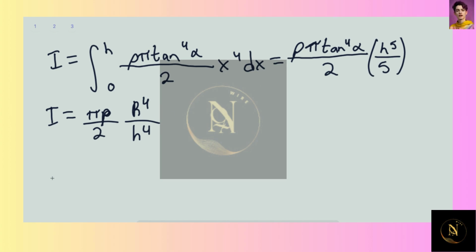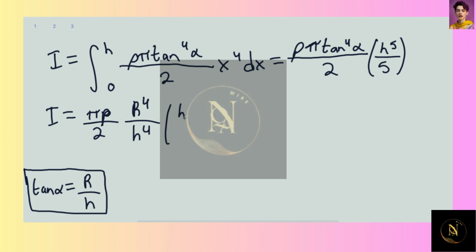And this is given that tan of alpha equals r over h. This is a given from the diagram of the cone. So we can substitute this and say that this is going to be r to the 4th over h to the 4th, and then times h to the 5th over 5. And this is going to be equal to pi rho r to the 4th h all over 10.